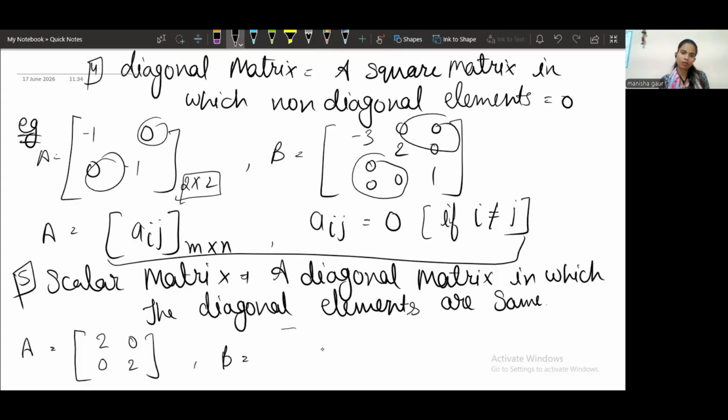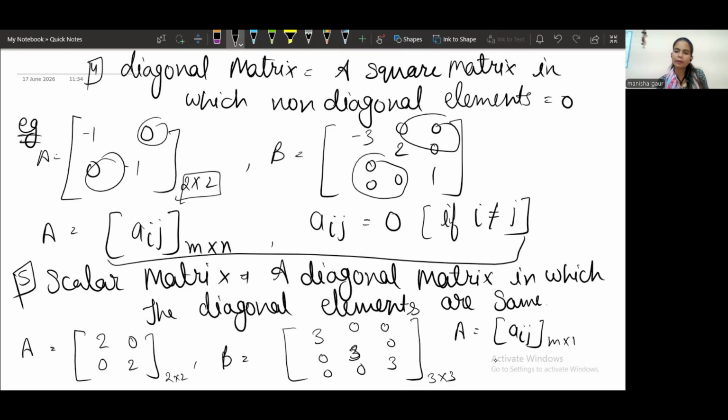B is 3, 3, 3, 0, 0, 0, 0, 0, 0. It's 3 here. This is 2 cross 2, or this is 3 cross 3. In general form, you will write Aij, M cross N. Here the value of Aij would be 0 for I not equal to J, and K for I equal to J, where K is any constant.